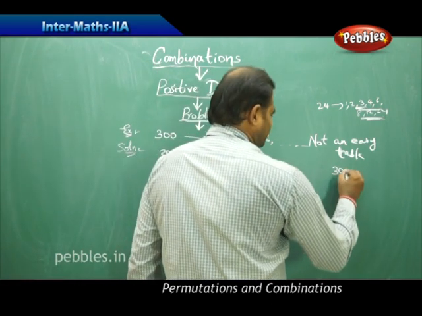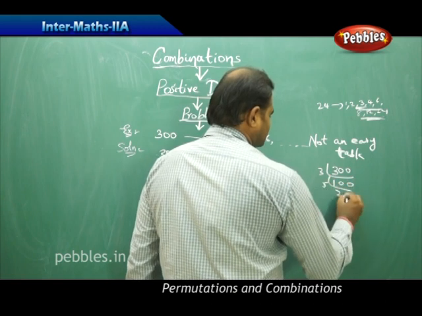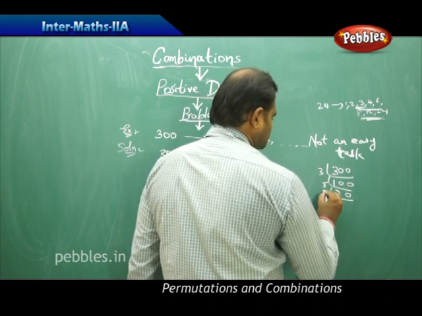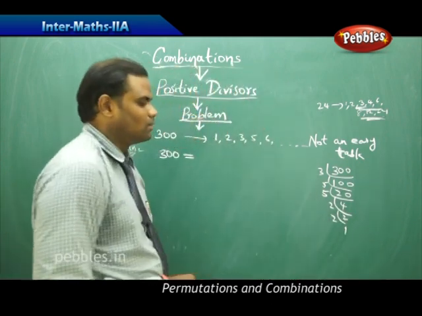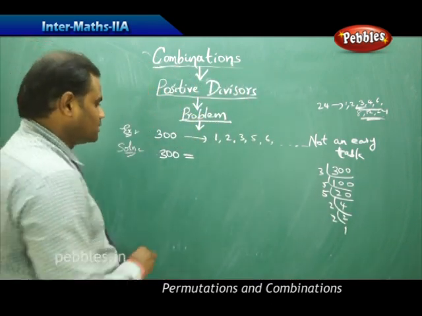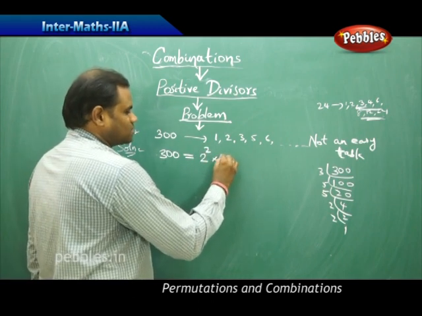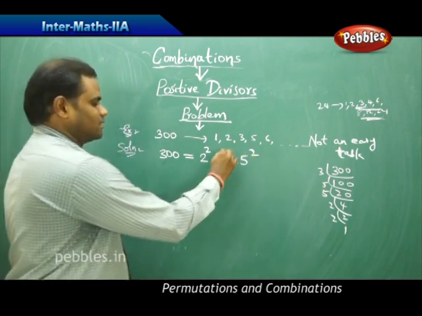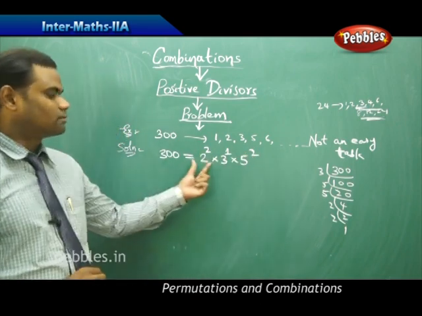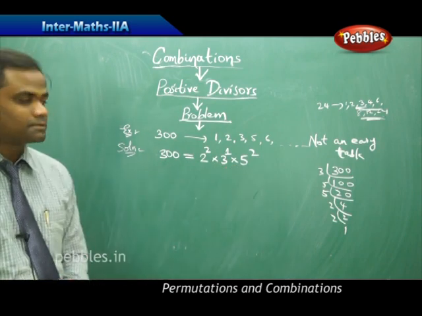If I take 300 and find its factors, I have 3 hundreds, 5 twenties, 5 fours, 2 twos, which can be written, starting from the least prime, as 2 squared times 3 times 5 squared.